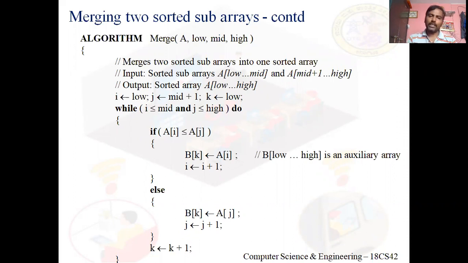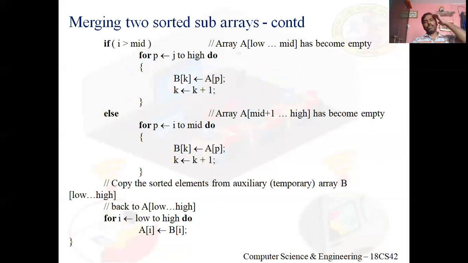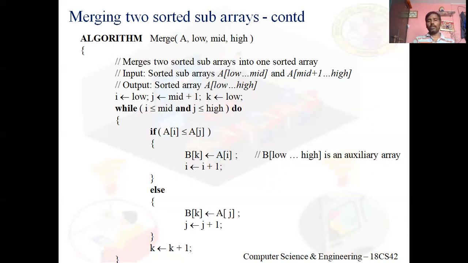If that condition fails, the element pointed by J is smaller, so I copy the element at J in the second sorted array to position K in the final array. J then points to the next element. K, once it gets an element, should point to the next free position. Next, if I is greater than mid, control will come out of this loop.